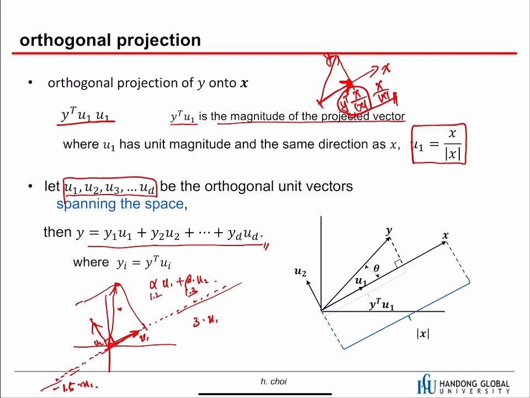Okay, so spanning the space means if we have these orthogonal unit vectors, then we can represent all the vectors in the space. So if we have d unit vectors, then we can represent any vectors in the d-dimensional space. So these orthogonal unit vectors can span the d-dimensional space. Okay, good. And then any vector y can be represented as a weighted sum of all these unit vectors.